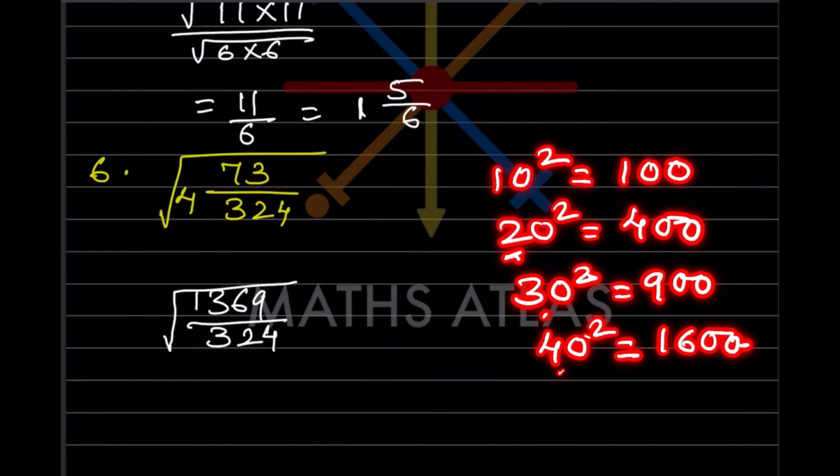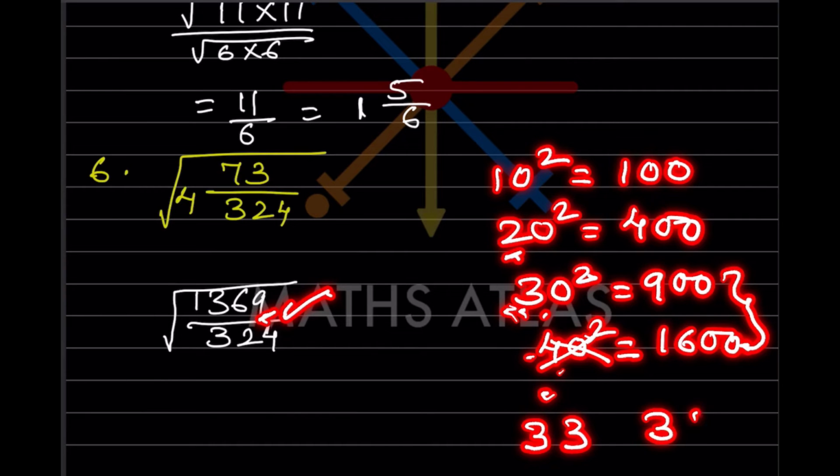Now can you see this 1369 comes in between 900 and 1600. So what are you going to do here? The last digit, the unit place, is 9. Because it will definitely not be 40, it will be somewhere in the 30s. In the 30s, where do we get 9 over there? It will be somewhere 33, or it can be 37.